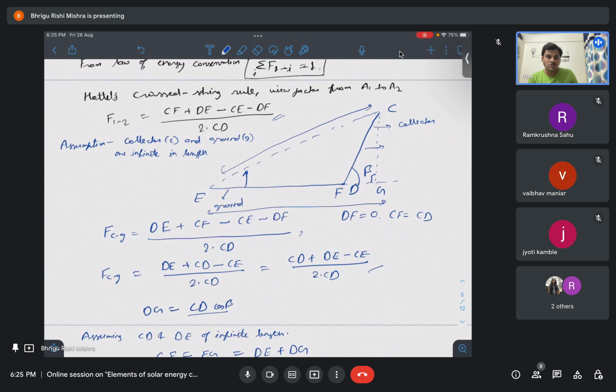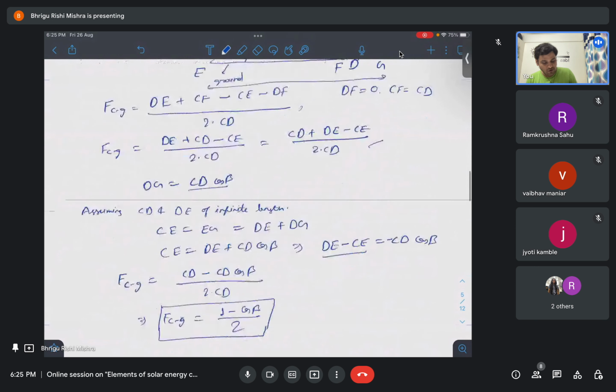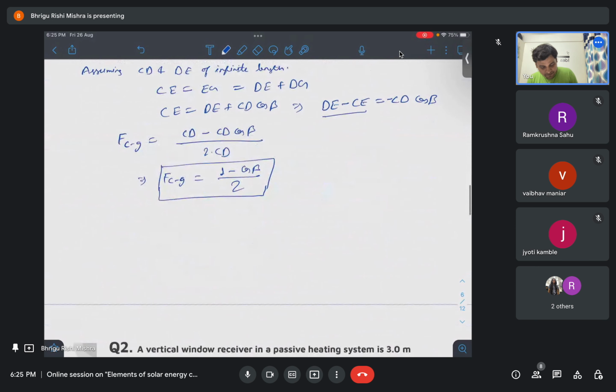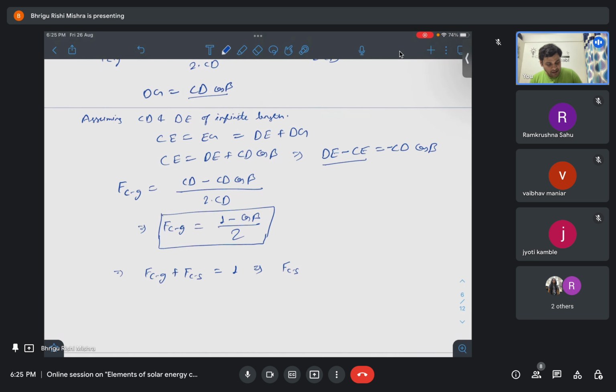So the summation of both view factors should be equal to 1, that is FCG plus FCS equals 1. And since we have already calculated FCG, in the case of the sky it is nothing but this beta and the whole sky is the view factor.